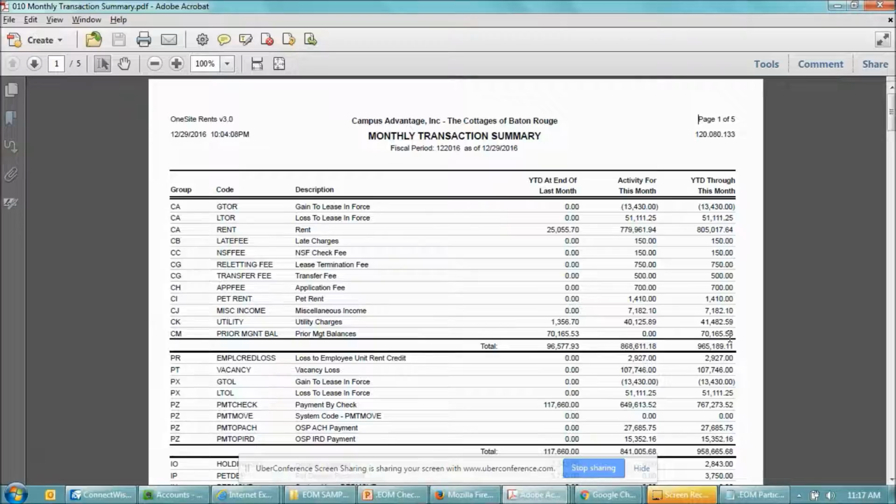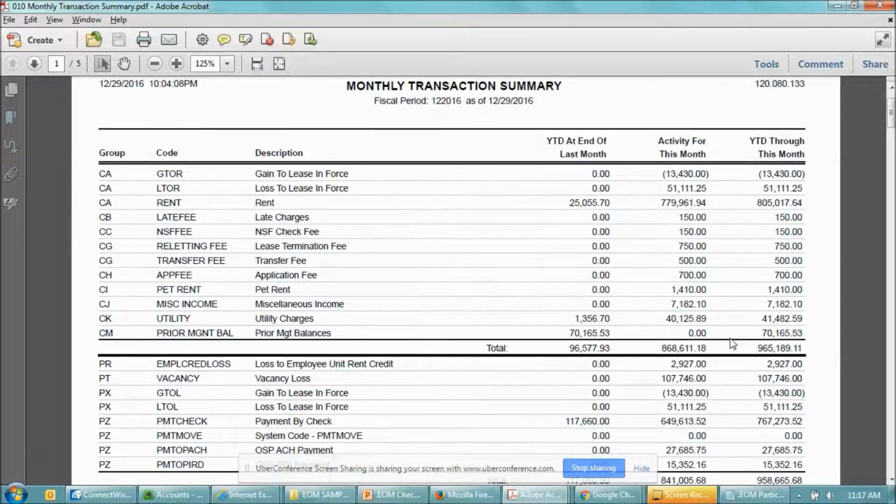So this is a good report for you to look at to see how much rent has been charged. This is kind of more of a common sense review. You want to make sure that this is everything that you charged for the month, employee credits that were granted, vacancy. You really want to look at this report just to make sure that you're not missing anything.